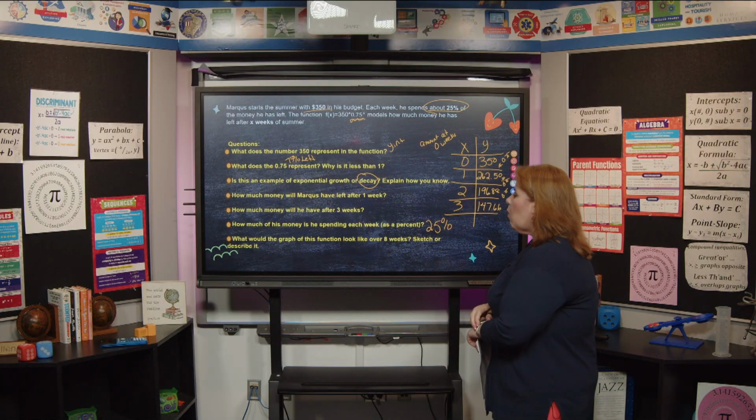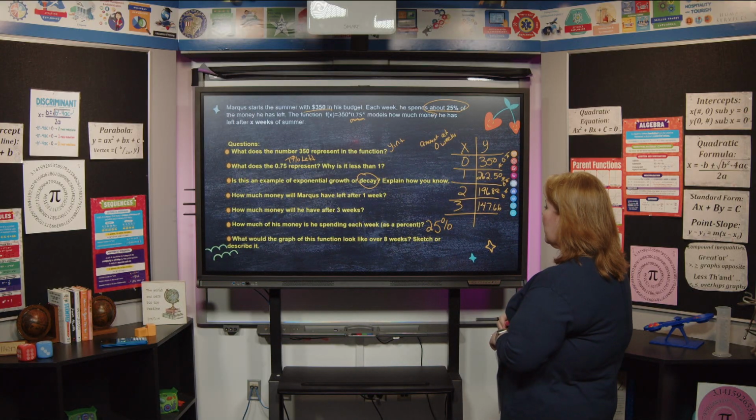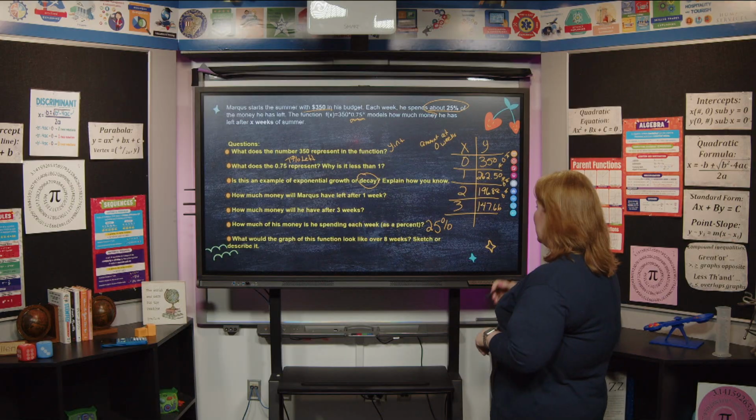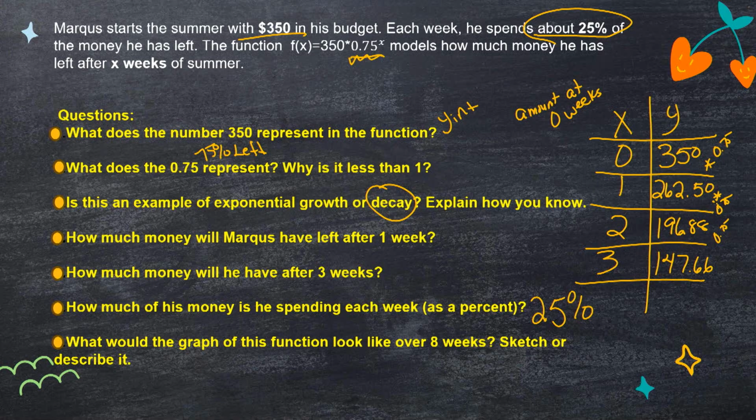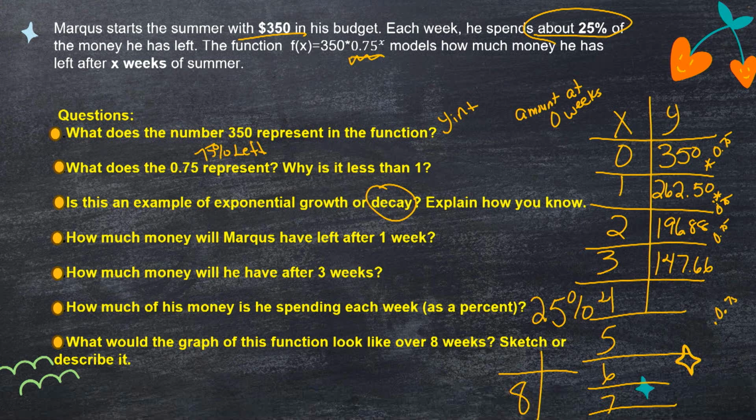So let's look. What would the graph of this function look like over 8 weeks? Sketch or describe. Now, we could continue finding and using my x and y values and multiplying by that 75% that's left, and we would find after 8 weeks, he's only going to have $35.04 left.